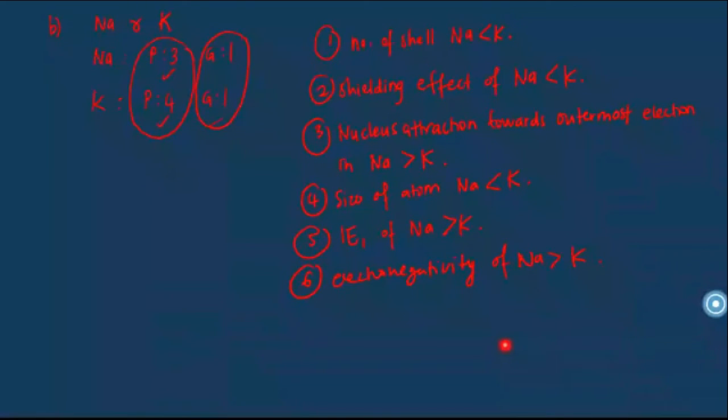So you need to write your own electronic configuration first. After that, determine the period and group, and then decide whether you need to include Zeff or shielding effect in your explanation. Understand, class? Any question? No, madam. Okay, so that's all for today.